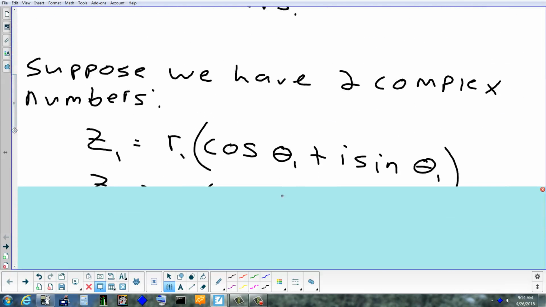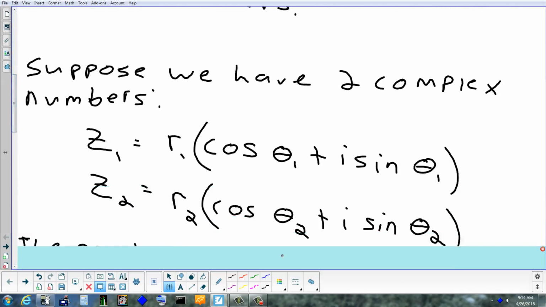So for my first complex number, I'm going to let the radius be r1, and I'll let the angle be theta 1. For my second complex number, for now, we'll just call the radius r2, and the angle theta 2.